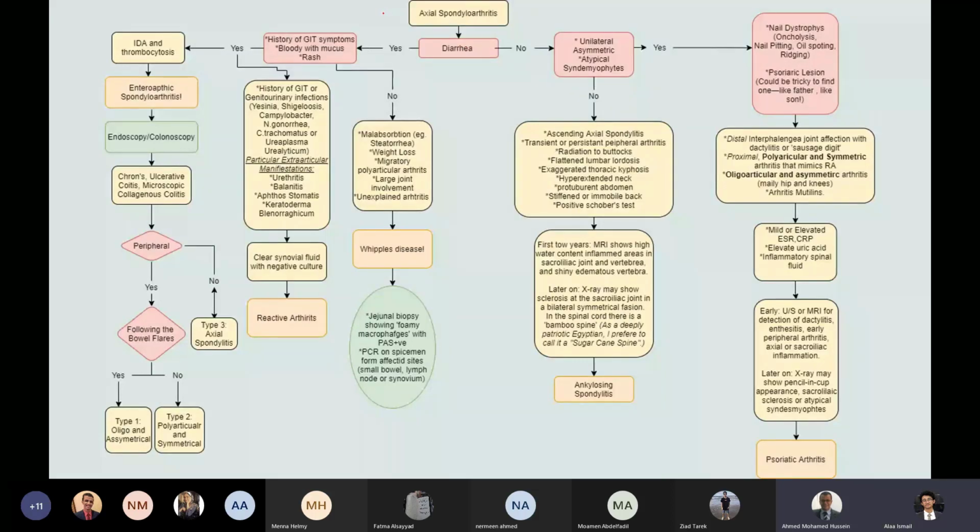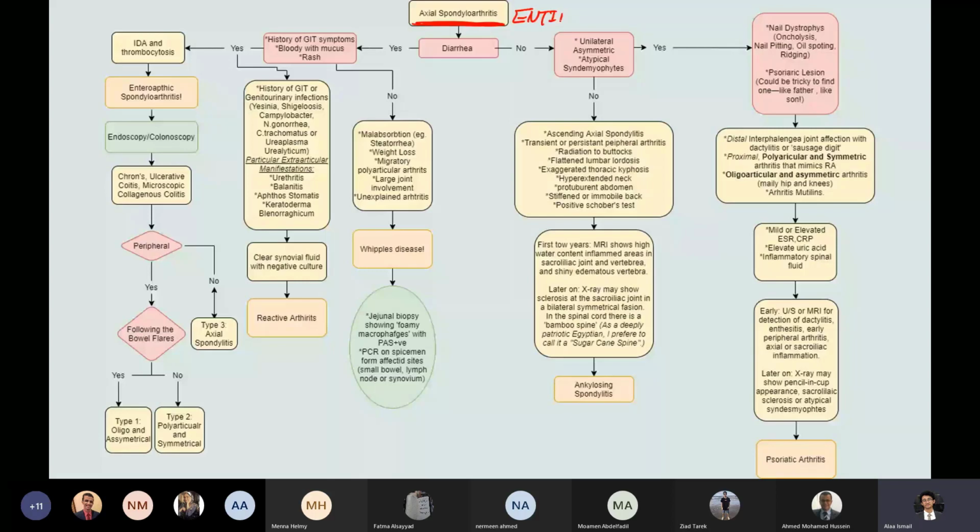Yes. Now after reaching the entity axial spondyloarthritis, in fact axial spondyloarthritis is not a single disease. This is an entity, and by saying that this is an entity, I mean that scientists have grouped some diseases, some in fact major diseases, and they group these diseases under this wide umbrella.